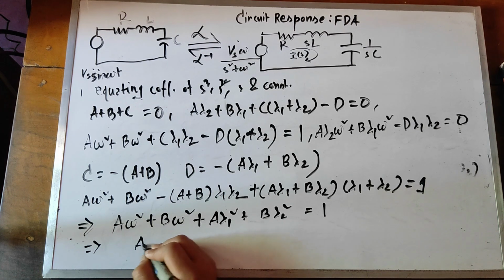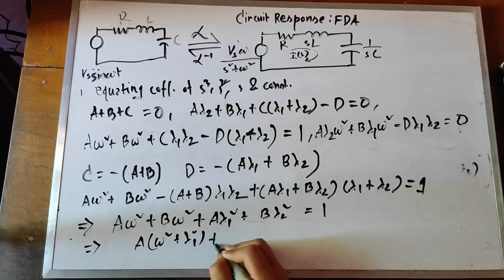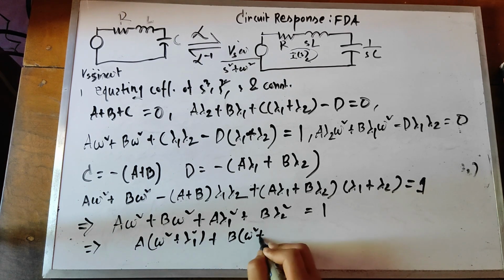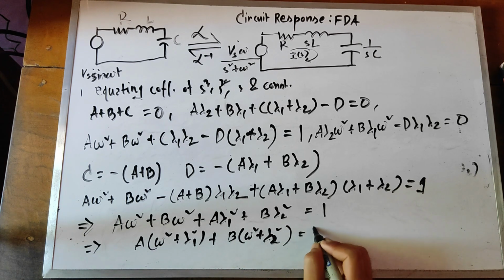Now, A (omega square plus lambda 1 square) plus B (omega square plus lambda 2 square) equals 1.